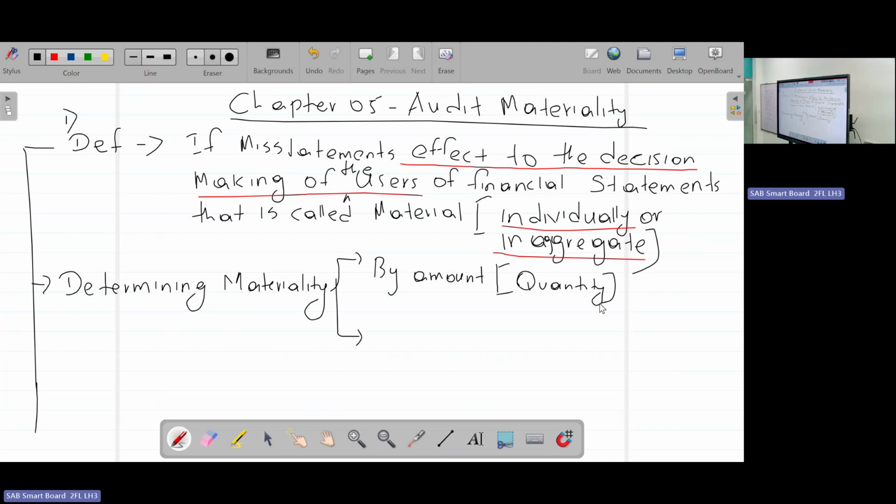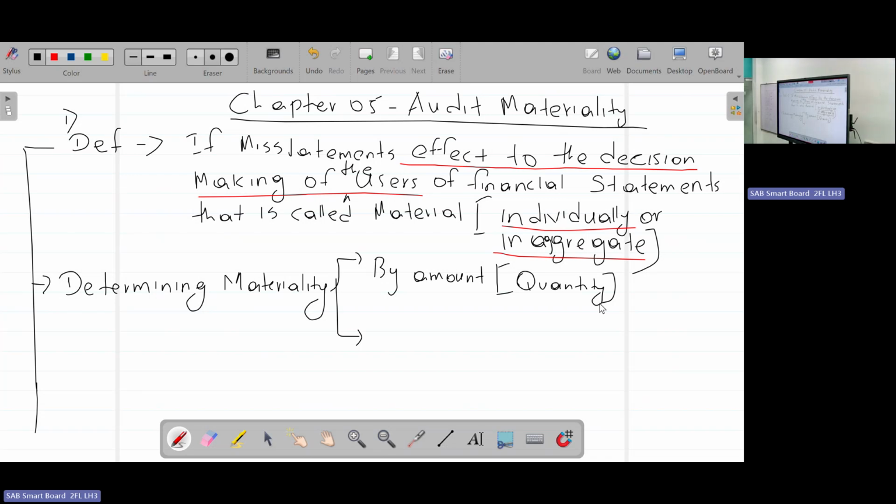Let's say, for example, 10 million is material. So transactions above 10 million you can categorize as material, and transactions below 10 million you can categorize as immaterial. So by amount. How can you decide whether 10 million or 12 million or 5 million is material?